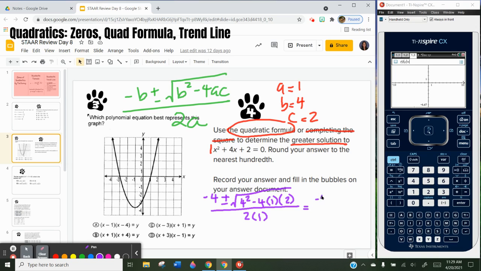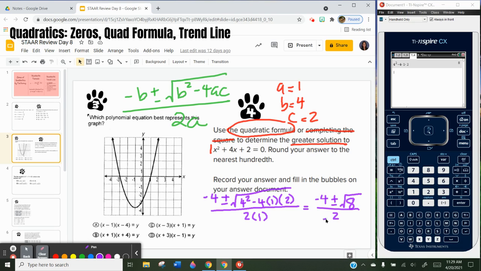Now that we have that, we have a negative 4 in the front plus or minus the square root. We need to figure out what all of that under the square root really is. So what is 4 squared minus 4 times 1 times 2? If I figure out under that square root, it's really just 8. So we're just trying to take the square root of 8 over 2 times 1, which is 2.